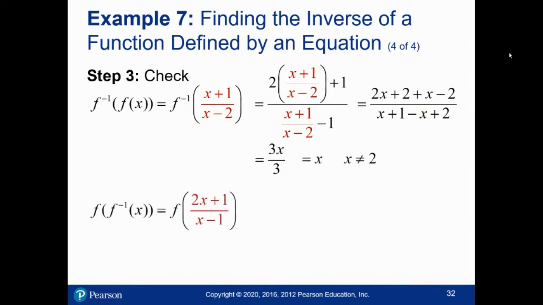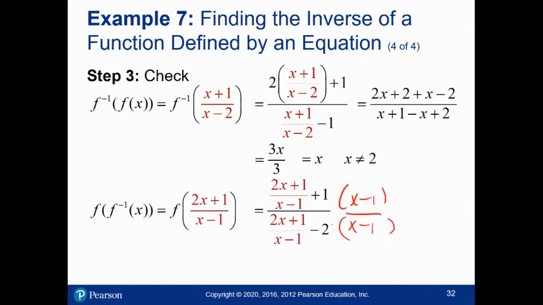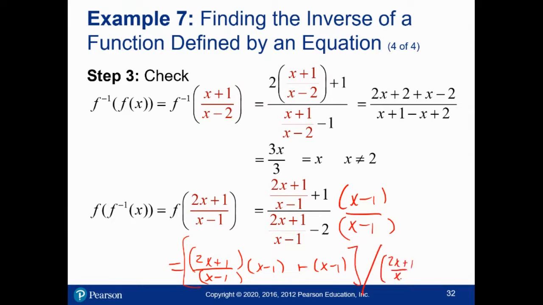You could also check by taking f inverse and plugging it into f, multiplying numerator and denominator by x minus 1. I know this step can throw people off. So what we have now is the numerator: (2x plus 1) over (x minus 1) times (x minus 1) plus (x minus 1), over the denominator: (2x plus 1) over (x minus 1) times (x minus 1) minus 2 times (x minus 1).